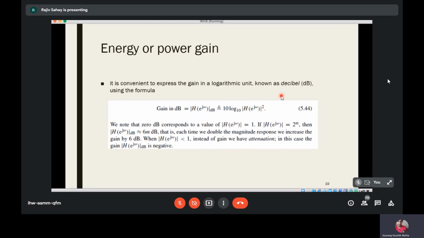If you're talking about gain as being 0, then it means that mod of H of e to the j omega is equal to 1. So 0 dB gain corresponds to a value of mod of H of e to the j omega equal to 1. And if mod of H of e to the j omega is doubled, then we say that the gain increases by roughly 6 decibels.